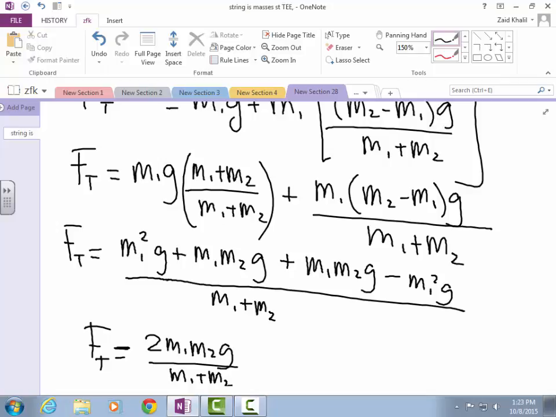Well, what happens if M1 is very small and M2 is very large, or M2 is much, much greater than M1? You get 2g over M2 times M2, which would give you 2g. And so what would that imply?